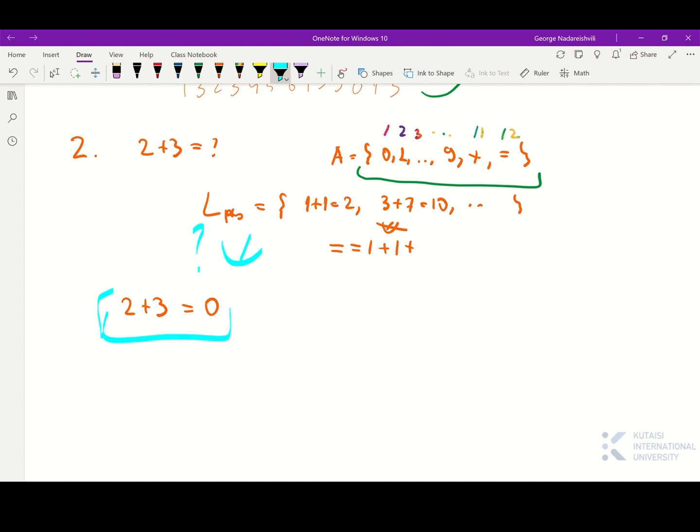So I can run this DFA on this string, and it will reject, because this thing is not here. Okay. Then I do the second guy. So what I do is 2 plus 3, now the second guy is 1. So I just follow this, and then I check again. Then at some point I will arrive at 2 plus 3 is 5, somewhere here. I will check and the DFA will accept. And I will say that 2 plus 3 is 5.